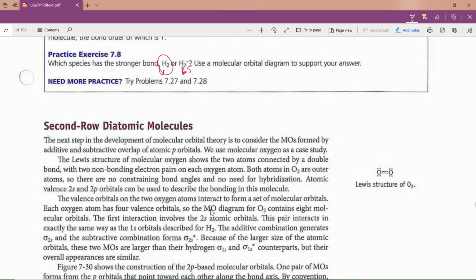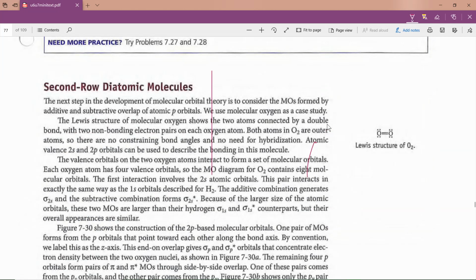What about second row diatomic molecules? And the story here really depends on how many electrons there are. So we were just looking at first row, hydrogen and helium. Now we can look at second row. And we can set up an ordering here.